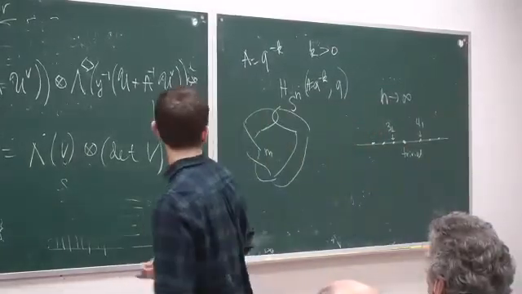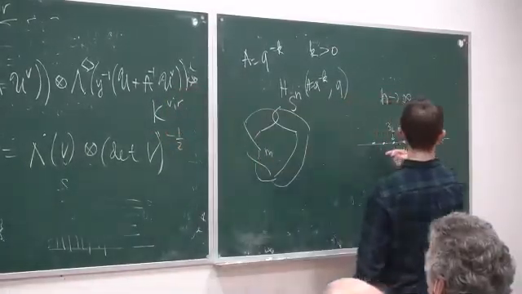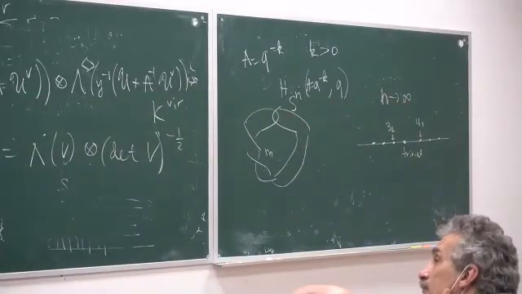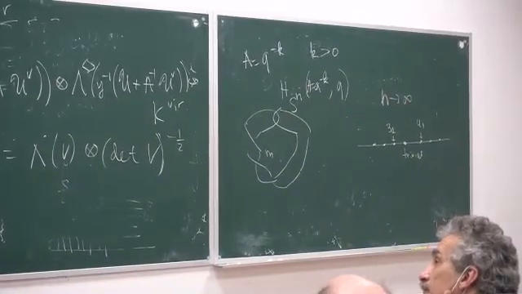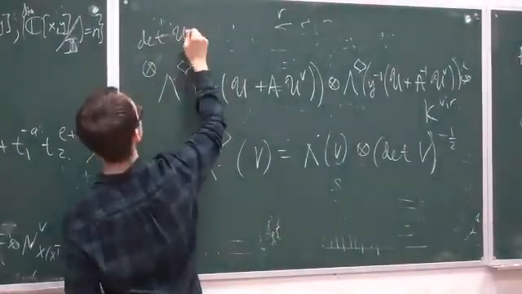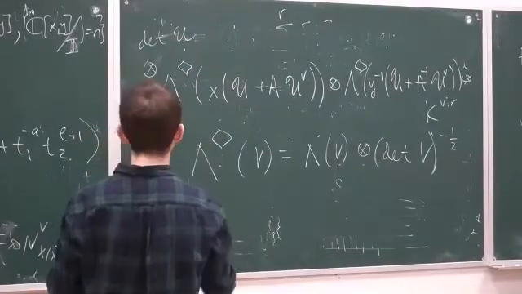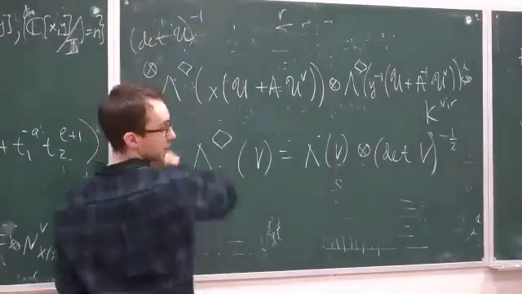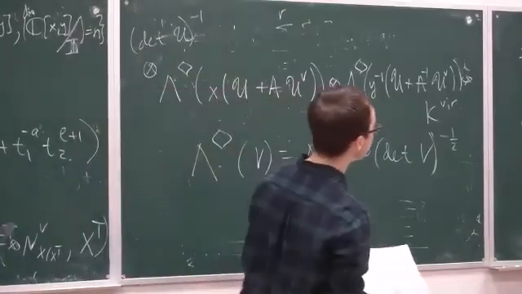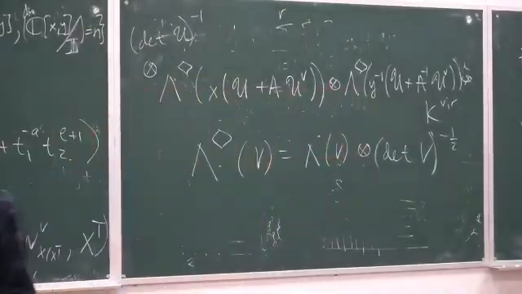And this duality for complex polynomials corresponds to multiplying this by just the tautological sheaf determinant of U minus 1. So a similar formula we obtain for the torus knots.